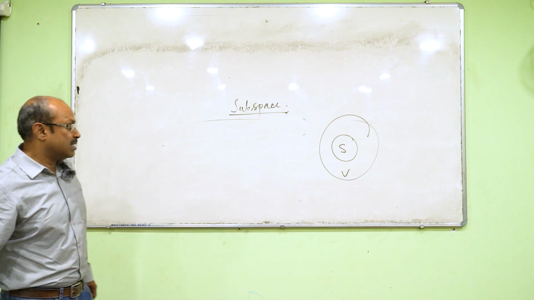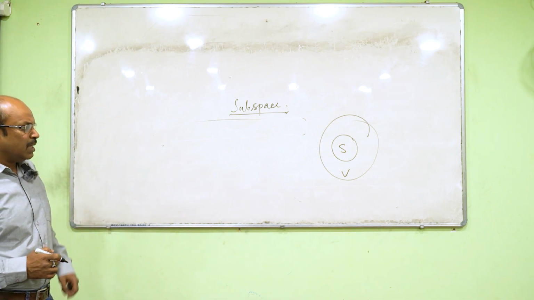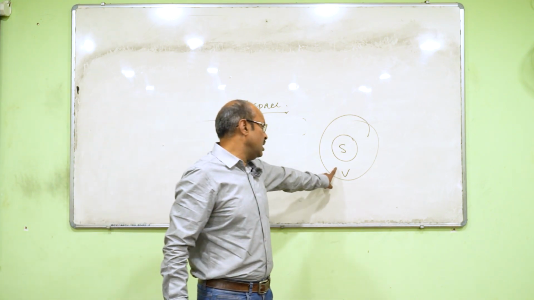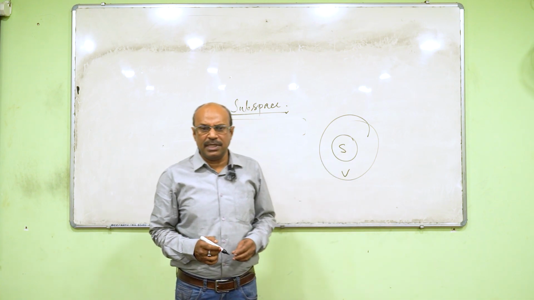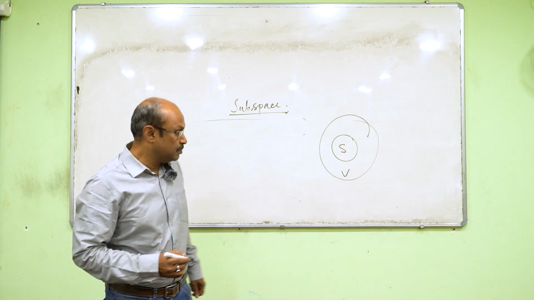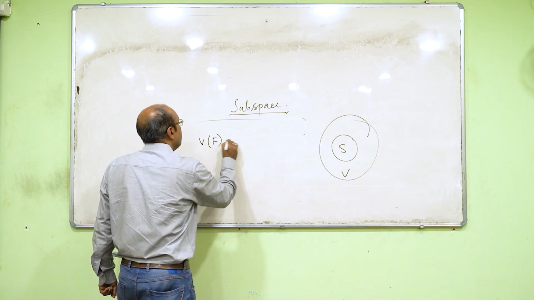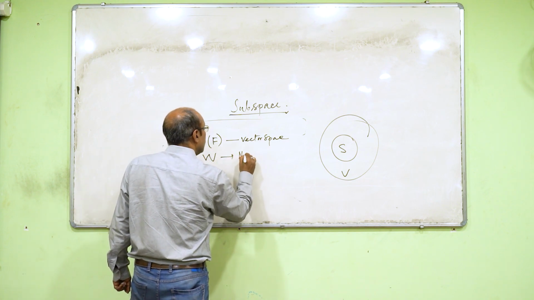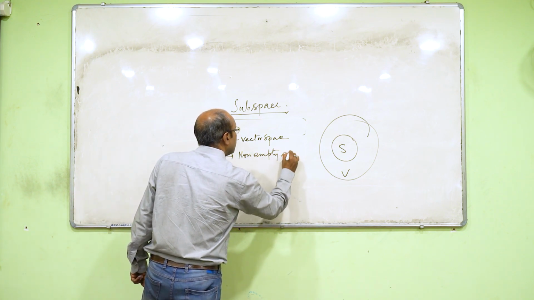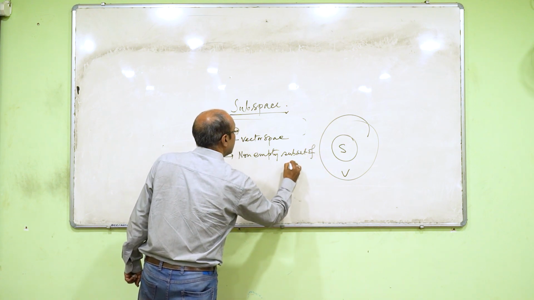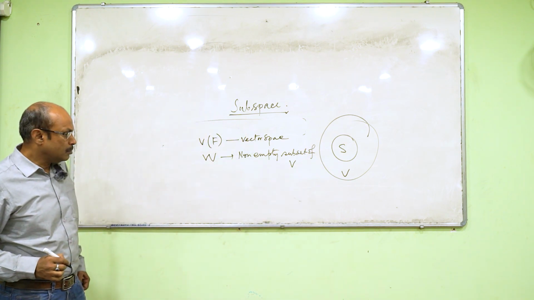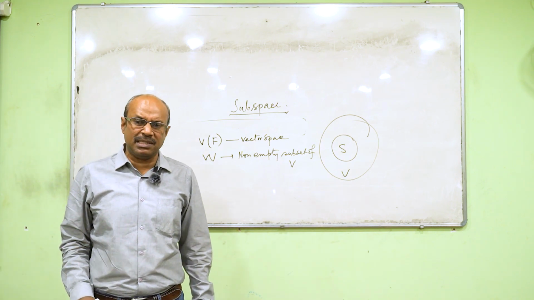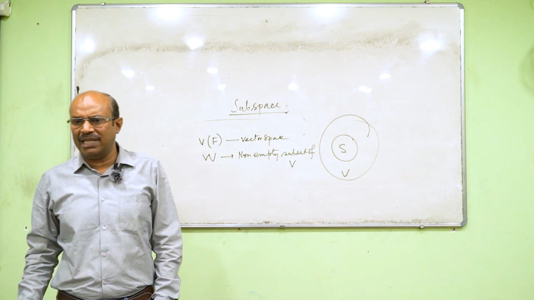Here we see that V is a non-empty set and S is a subset of V. Now, we have a vector space, capital W, a non-empty subset of V. Now the question is, when is W called a vector subspace of V over the field capital F?